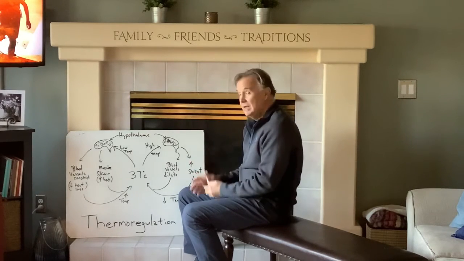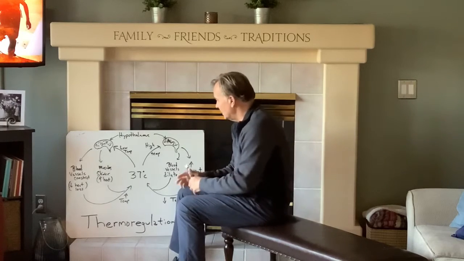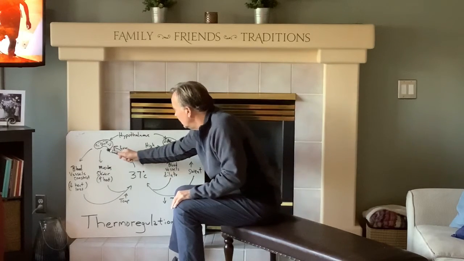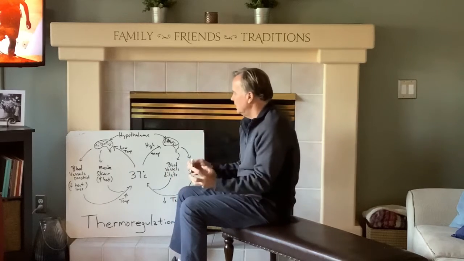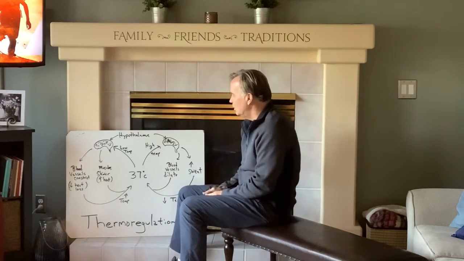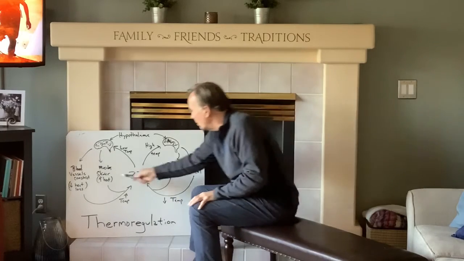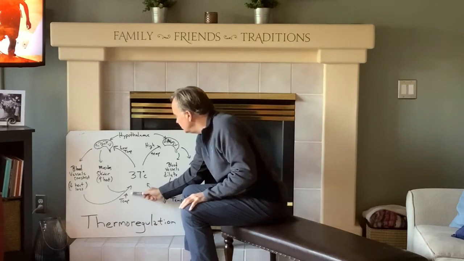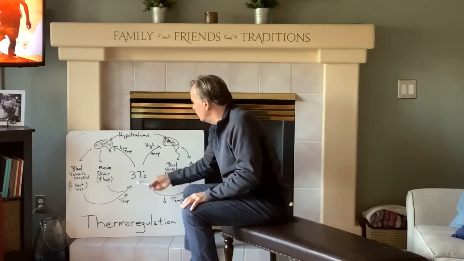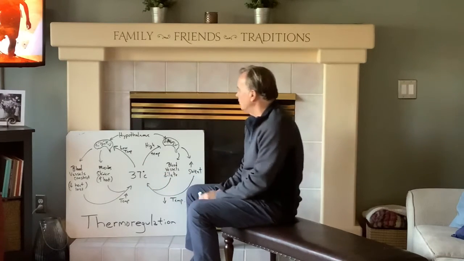So you would tend to become a bit pale, fingers turn kind of whitish when you get really cold. It also causes your muscles to shiver. You shiver, and of course that causes movement, but you guys know that most of that energy is converted into heat. So that helps warm your body up, right? So you increase the temperature, it gets up to 37 degrees, then it will turn off, of course.